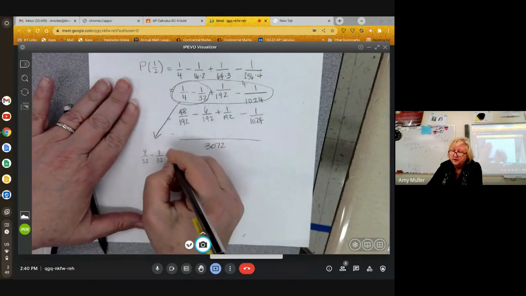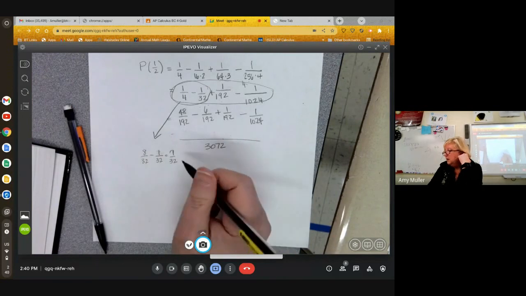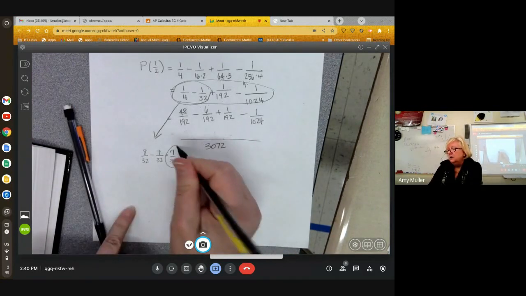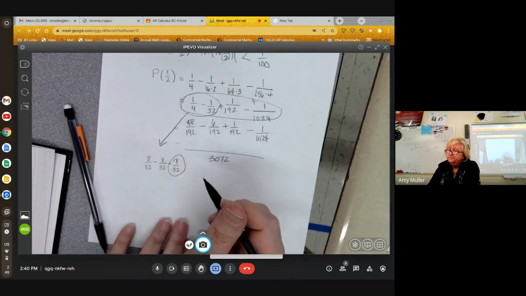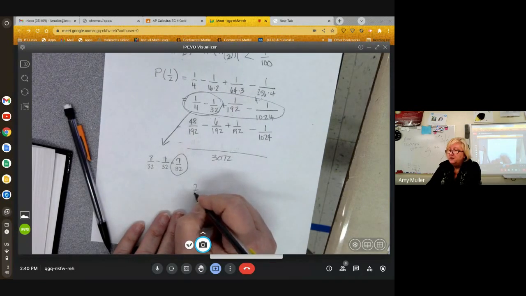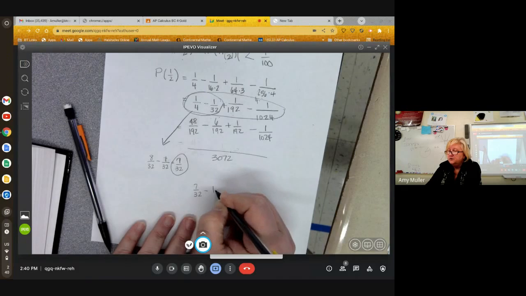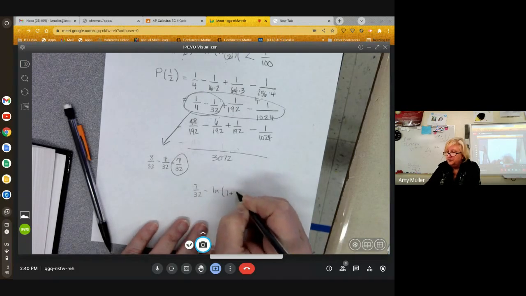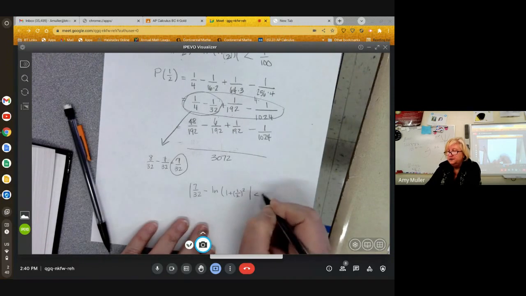This is 1 and this is 7, right? And so what they're saying is 7/32 minus natural log of 1 plus 1/2 squared less than 1/100.